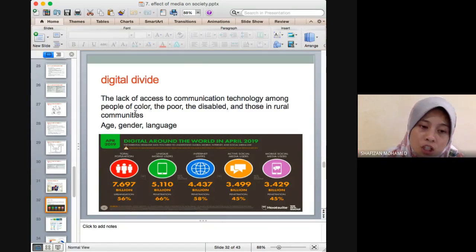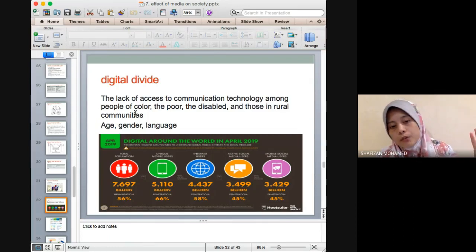Imagine an urban family with 2 children, each child has a phone. So can they go to online school? Yes. But imagine a rural family with 4 children, but only the father has the mobile phone. How can these 4 children continue with their education?